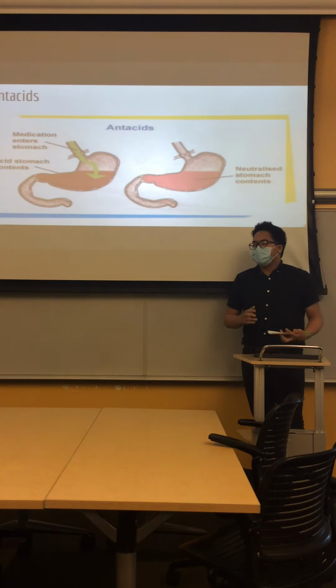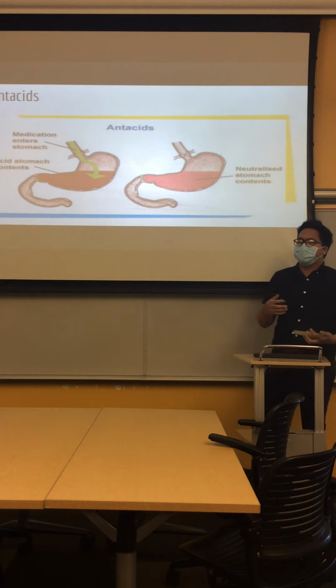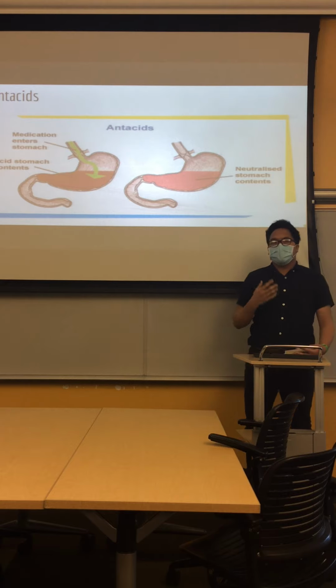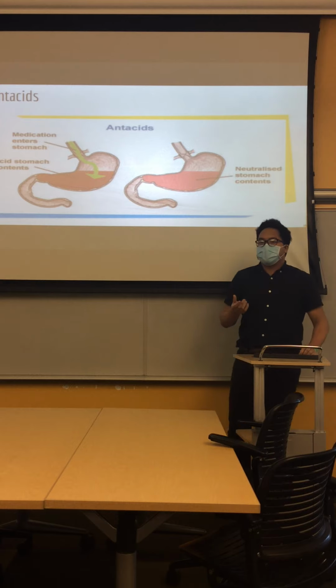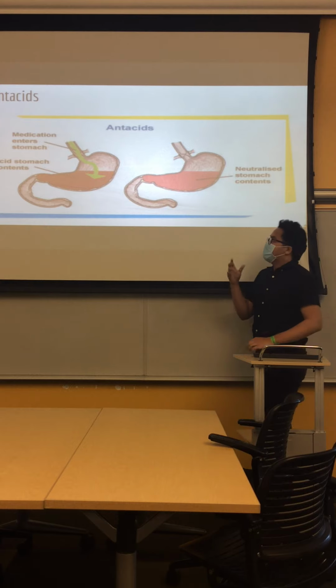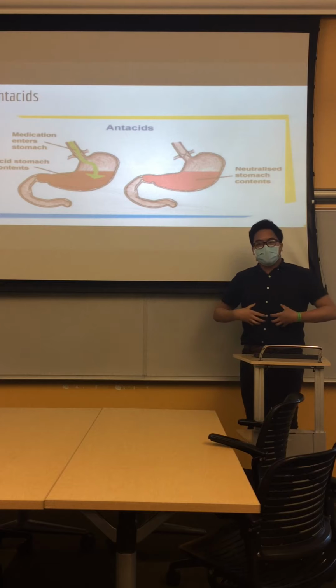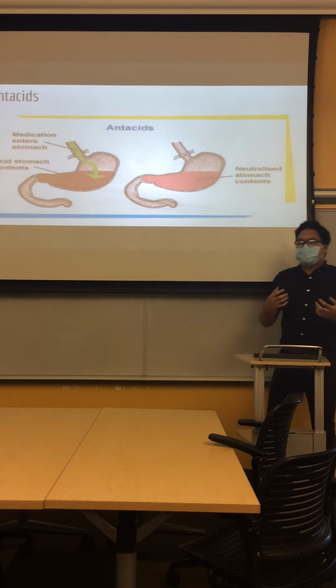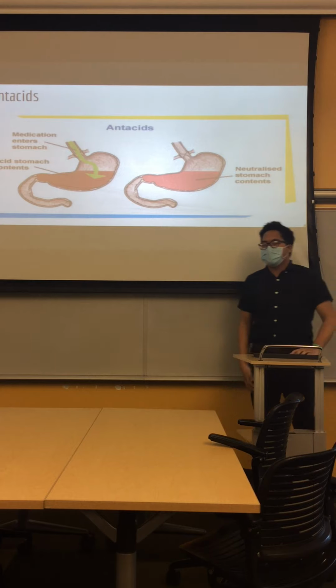A medication that is very beneficial and used very commonly in the US is antacid, a medicine that is basic, that can basically neutralize our stomach acid by changing the pH level to a balanced level of 2.